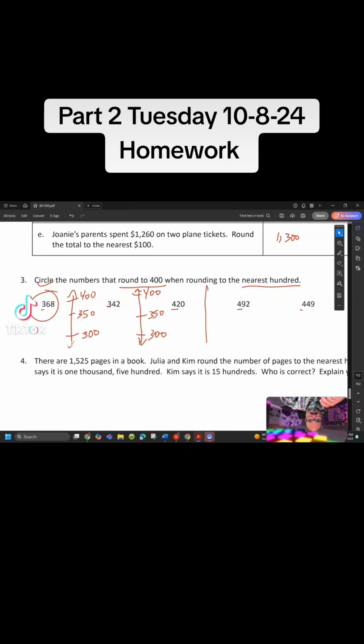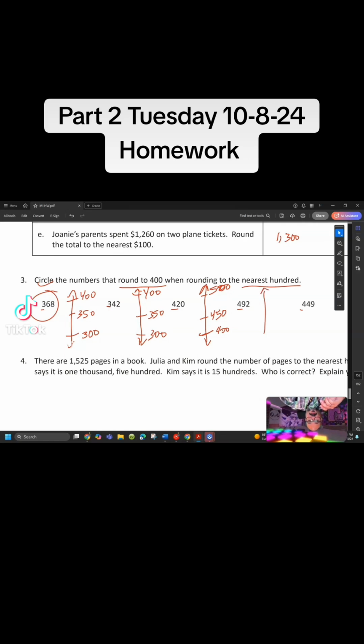420. Oh, excuse me. 420 is between 400 and 500. Halfway would be, sorry, that's two zeros, would be 450. 420 is less than 450, so we don't circle that one either.